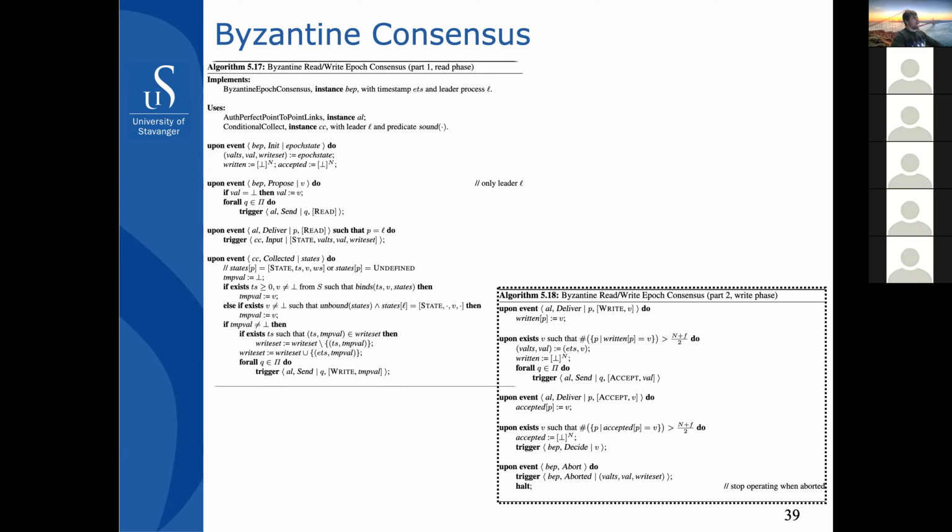But anyway, we are using the authenticated point-to-point links and the conditional collect that we just saw. And remember, our goal here is to reach consensus in a Byzantine environment, and we use this epoch approach where we keep on rotating or updating the epoch. And as we saw in the previous non-Byzantine algorithm description, we have 2 phases: the read phase and then the write phase.